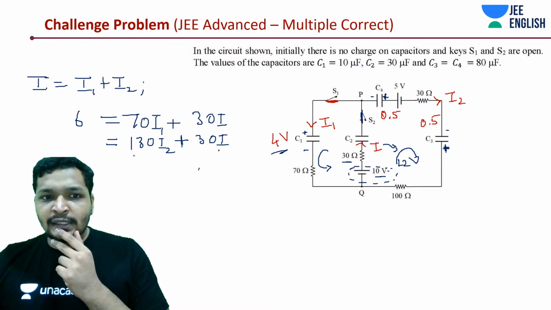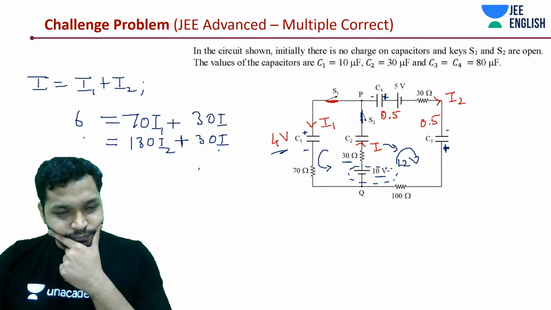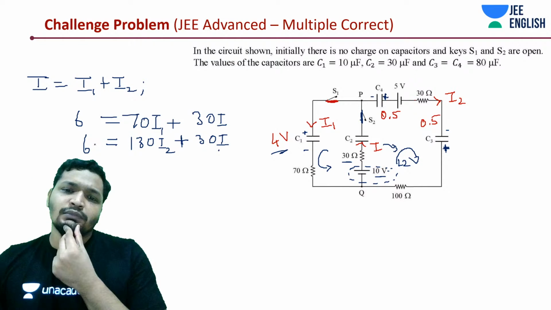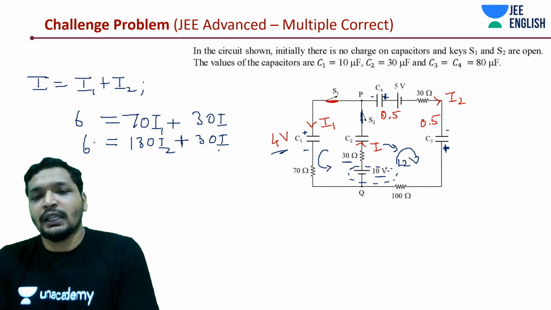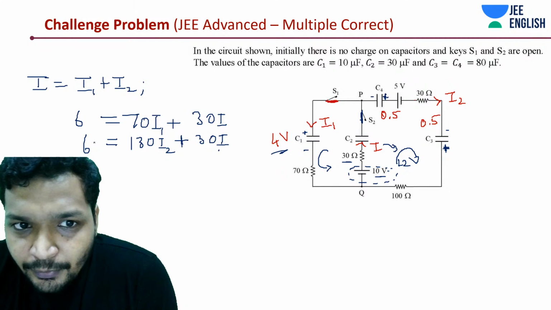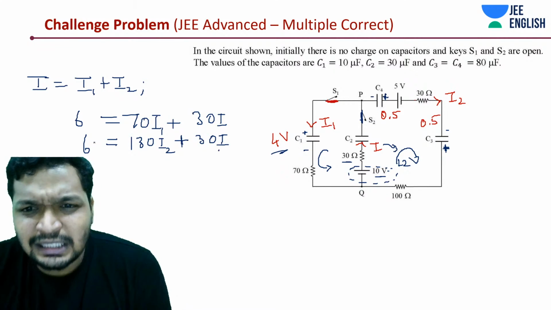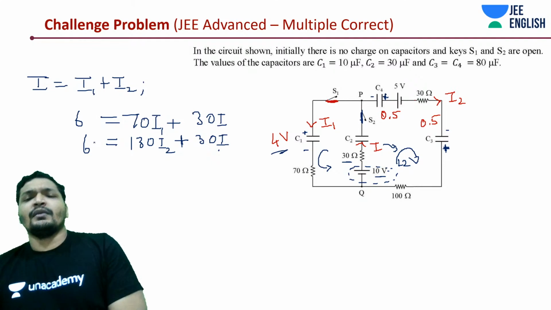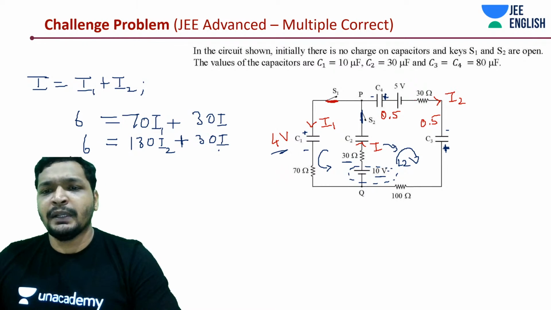So it's basically 6 again. Are we moving in the correct direction? I think so. 10 minus 5 plus 0.5.